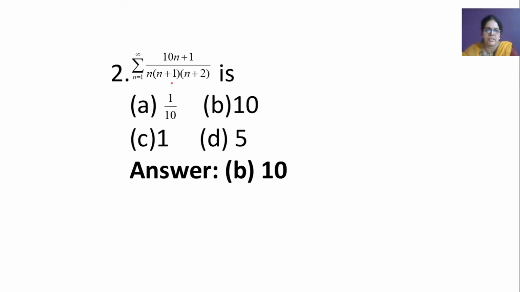And 10n plus 1 by n into n plus 1 into n plus 2. The question is, it converges to how much? So here an is 10n plus 1 divided by n into n into n into 1 plus 1 by n into 1 plus 2 by n.